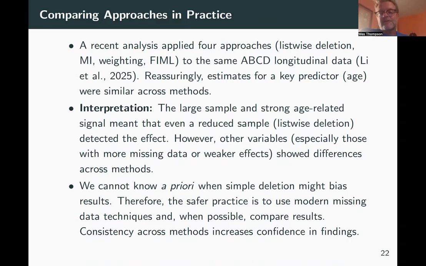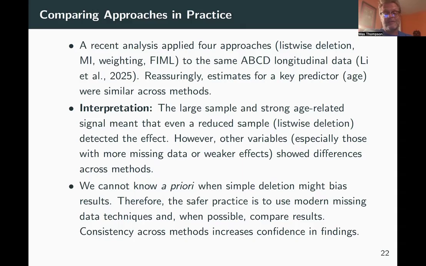Sorry. And so this Lee et al. paper, again, this is the missing data paper that I mentioned several times. We compared all four approaches: listwise deletion, multiple imputation, weighting, and FIML. And very reassuringly, the results basically produce very similar answers in the examples that we have in the paper.